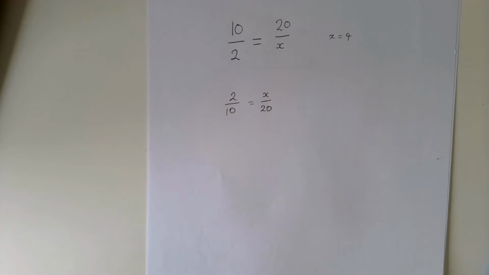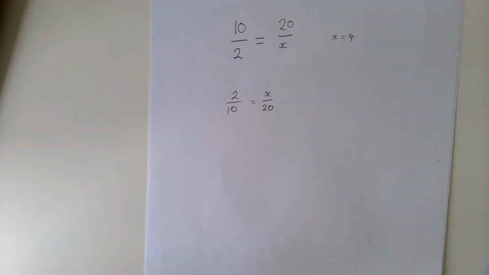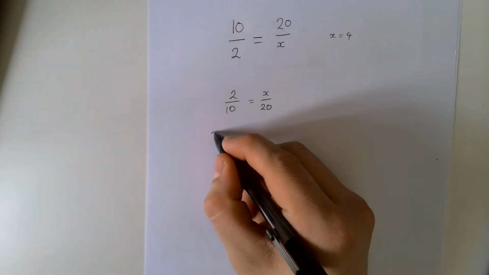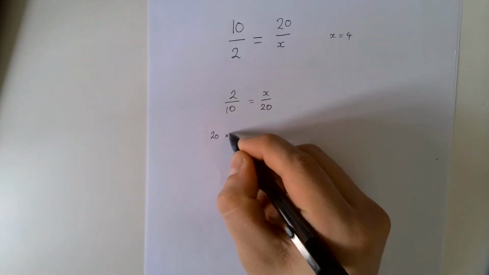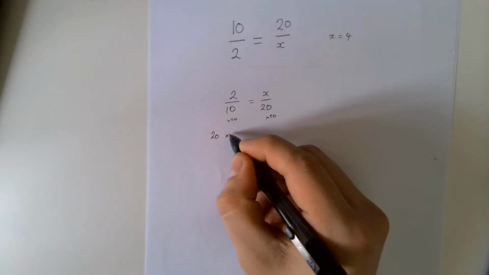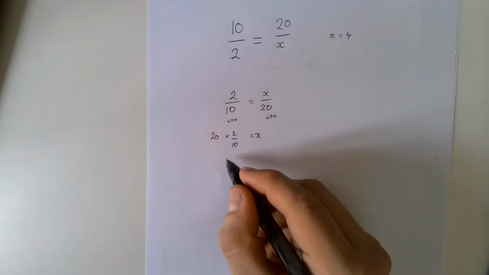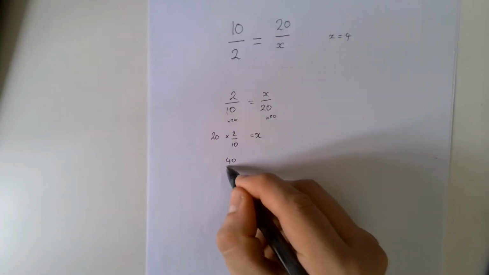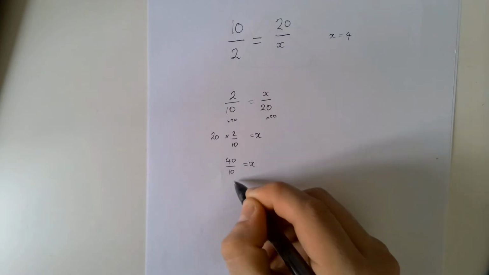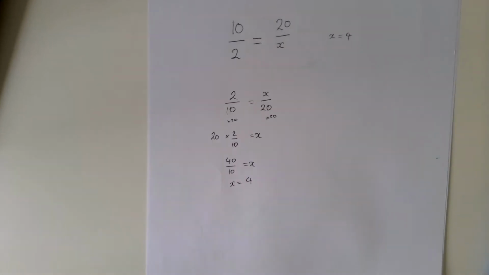If I try to do it a little more formally, balancing both sides, I multiply both sides by 20, and do 20 times 2 over 10 is equal to x. That gives me 40 over 10 equals x, or x equals 4. So they're the same. I've just flipped those two fractions upside down and they're the same.